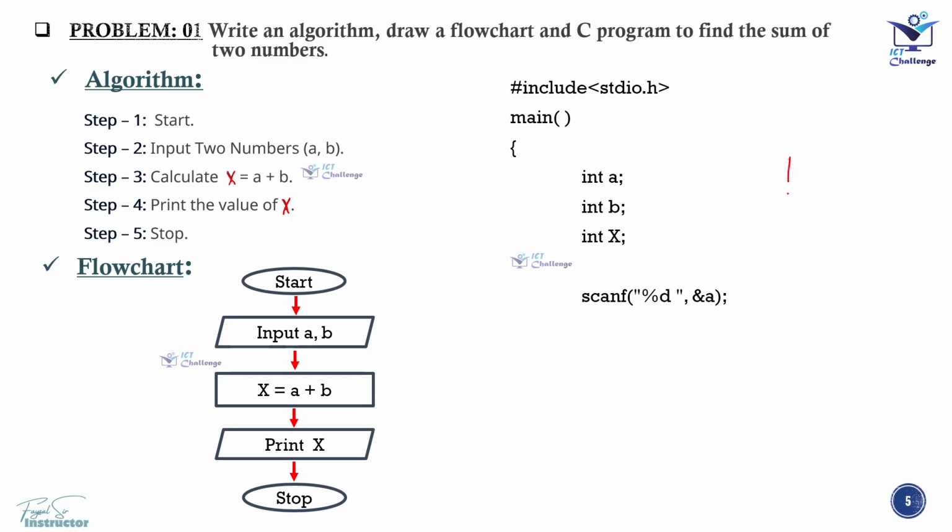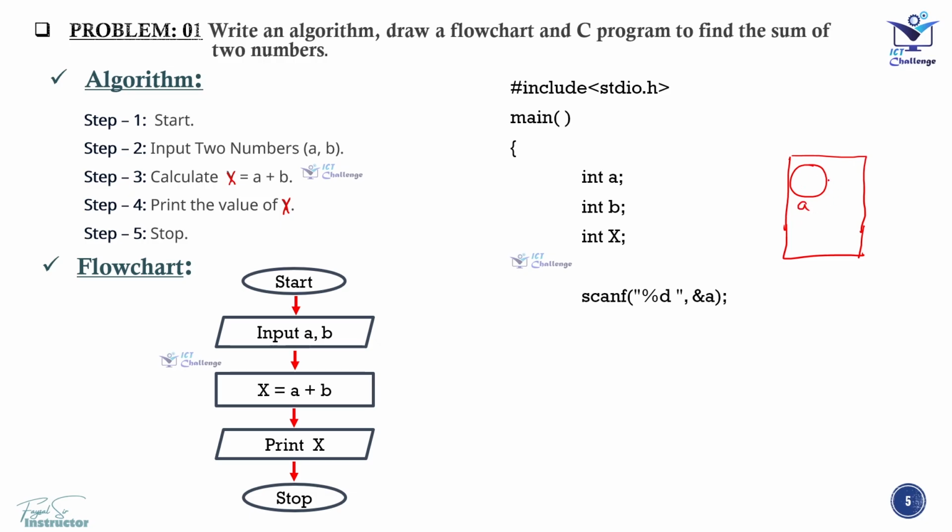So then you need to understand what happens inside a computer. If you understand deeply, then you will not forget the C program again in your life. So what happens when I write int a? When I write int a inside my program, the computer goes to the hard disk and keeps a location like a.